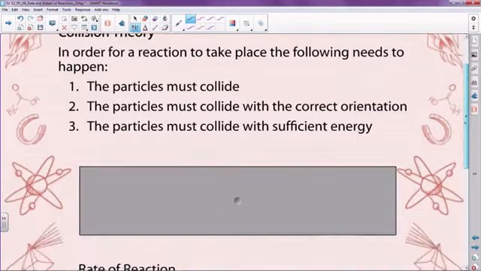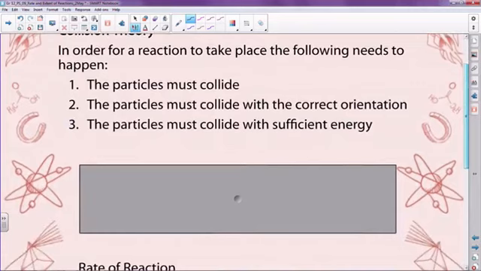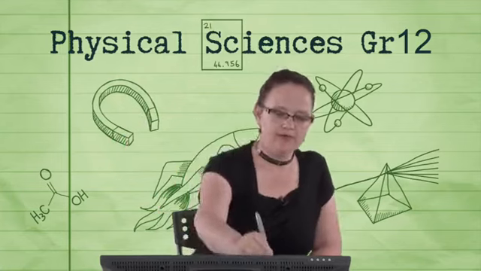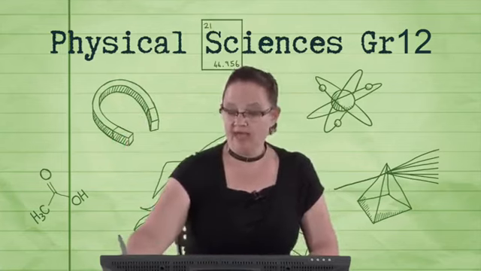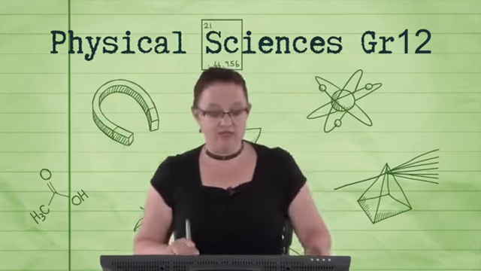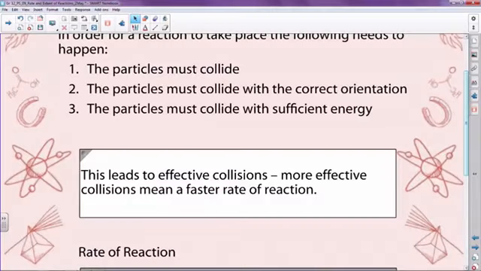Now, the whole point of that is if those things happen, so they collide with sufficient energy, and they collide with the correct orientation, they have what is known as an effective collision. And if we have a greater number of effective collisions, we have a faster rate of reaction, okay? And that is what we are trying to do.